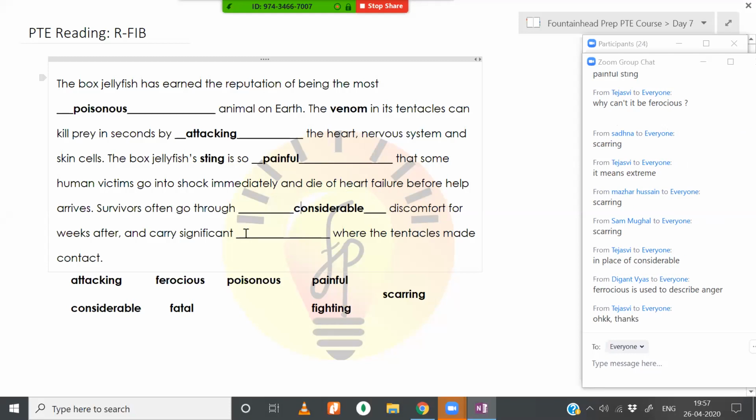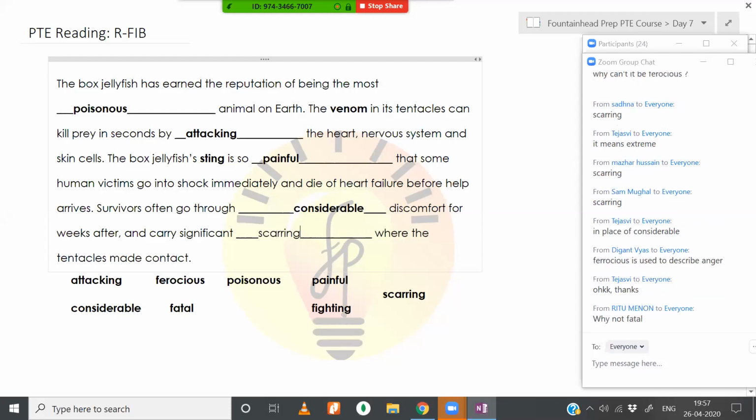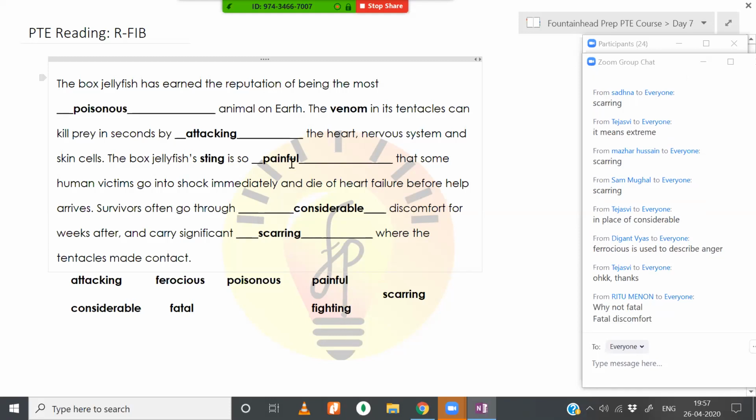Weeks after and carry significant scarring. I think most of you mentioned this correctly. Ritu, why not fatal? Fatal means something that causes death.